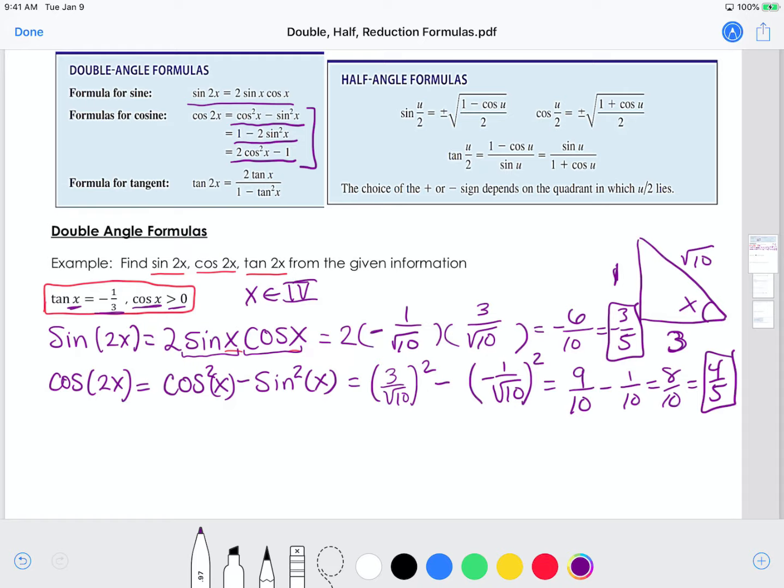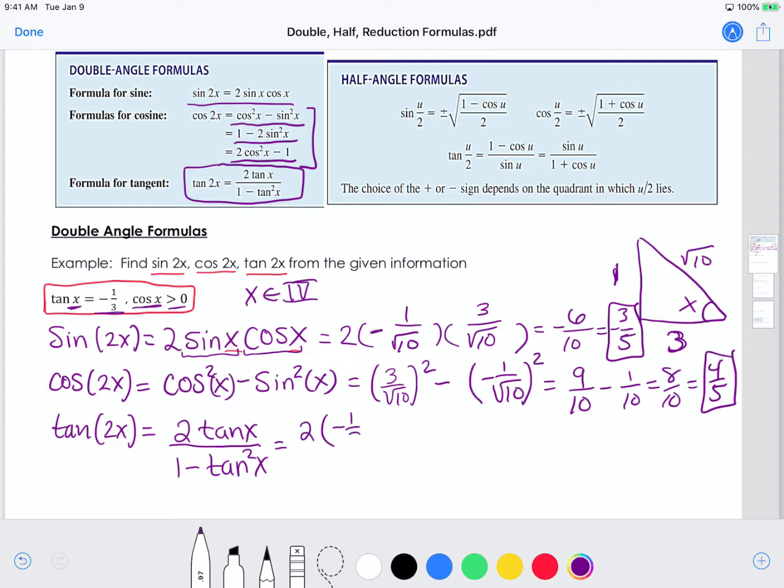Now for the last one, we have to find tangent of 2x. Here's the formula for tangent of 2x: 2 times tangent x all over 1 minus tangent squared x. So tangent x was given to us in the problem. It's negative 1/3, but we can still find it from the triangle if we want. So we have 2 times negative 1/3 all over 1 minus negative 1/3 squared.